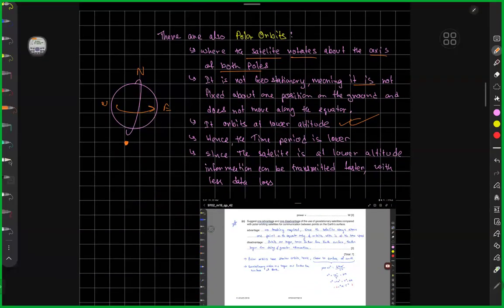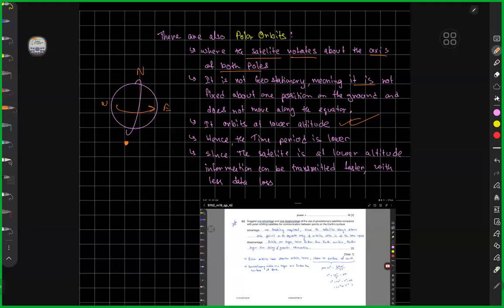Why is the time period smaller? It's not smaller. It's just we don't need it to be 24 hours. So we don't assign a 24-hour time period. We just say, okay, you can have a time period of 10 hours. Doesn't really matter. That's the benefit with polar orbits, right?